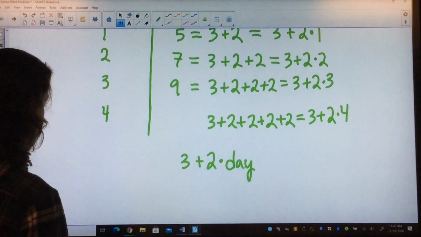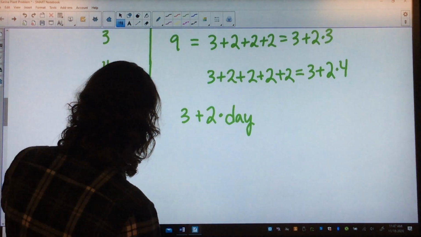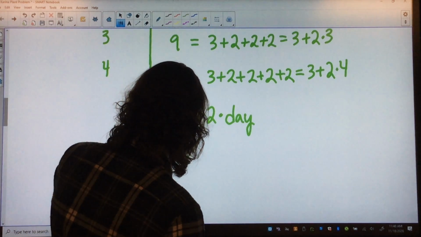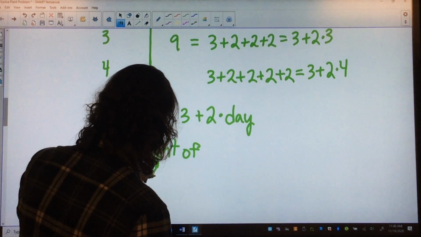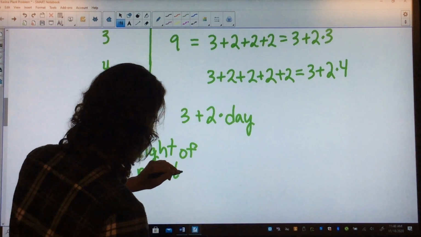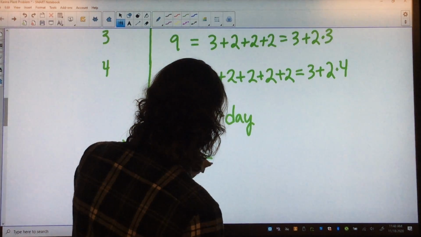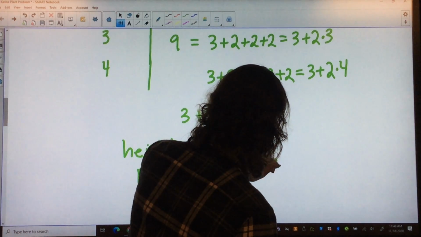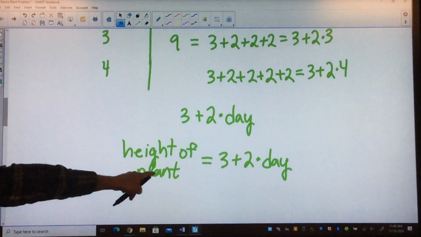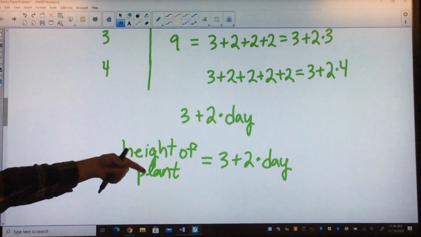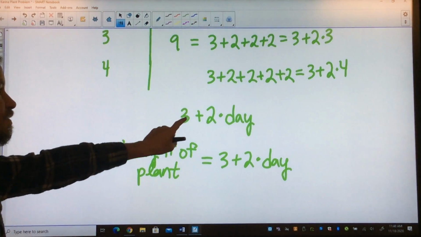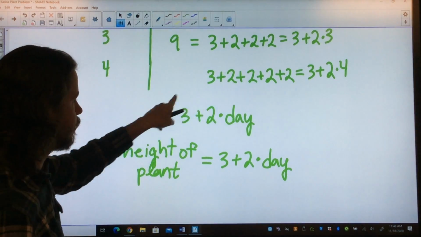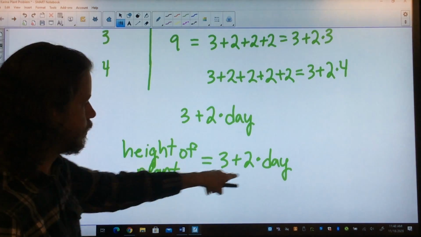So we could write that the height of the plant is equal to 3 plus 2 times whatever day it is. And this is what we call a linear equation. And I should have said it before, this is a mathematical expression. This is also called a linear expression. I'm going to explain why it's linear here in just a moment. This is what we call a linear expression. And this is a linear equation.